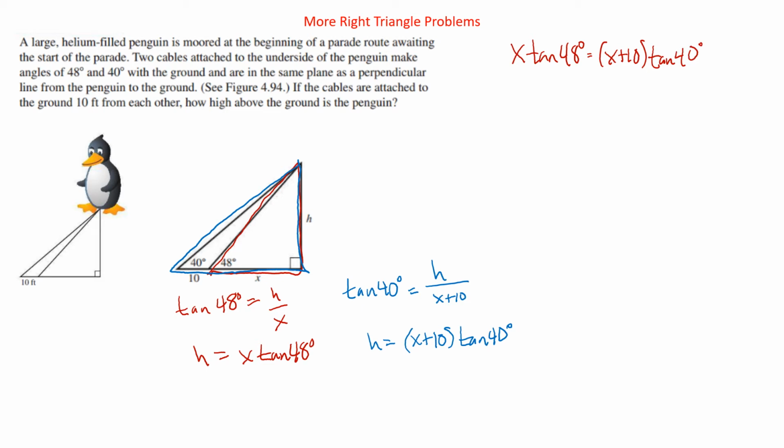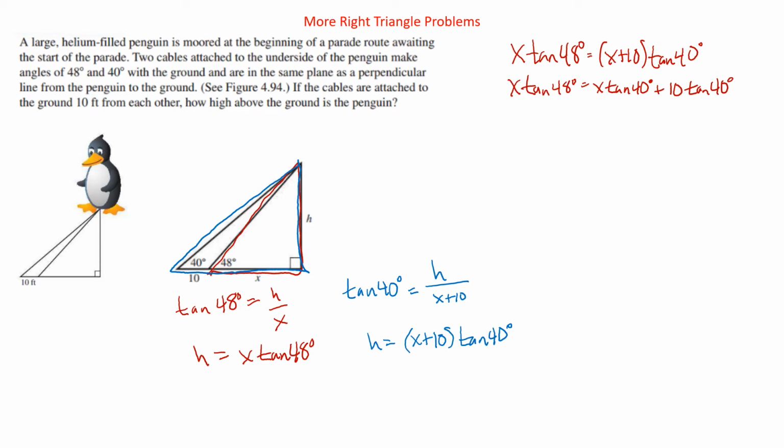We can distribute the tangent of 40. Now the tangent of 48 degrees and tangent of 40 degrees are just numbers. They are not, however, pleasant numbers, so I'm just going to leave them as tangents. So we have x tangent of 48 degrees is going to equal x tangent of 40 degrees plus 10 times the tangent of 40 degrees.